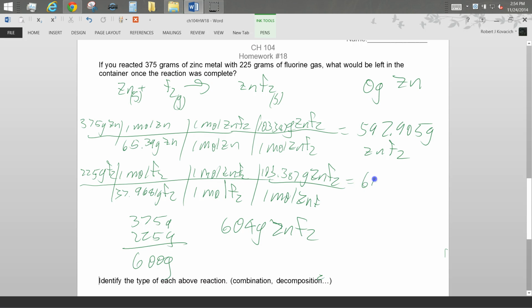So 612 grams of zinc fluoride. So this is 593. And so then that means I've got 7 grams of fluorine gas left over.